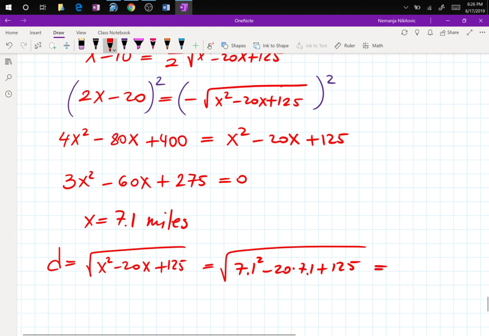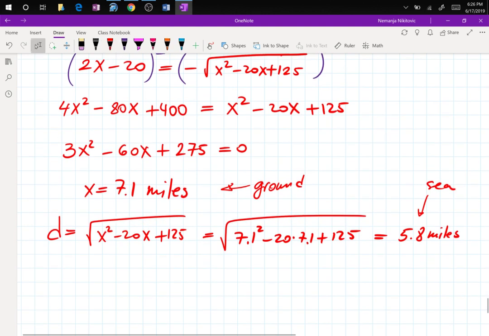So we can calculate this really quick, and I have 5.8 miles underwater. So this is ground, and this is water under the sea.